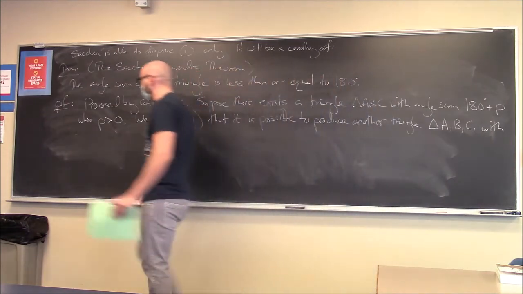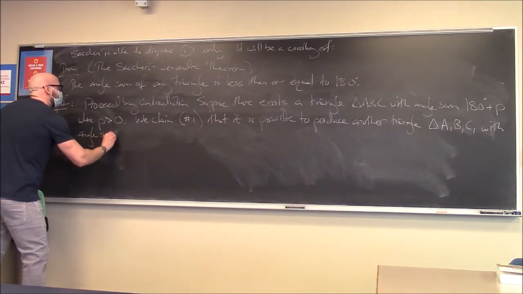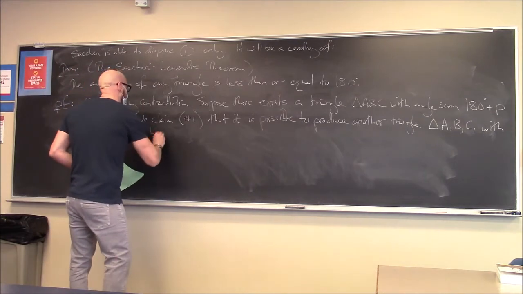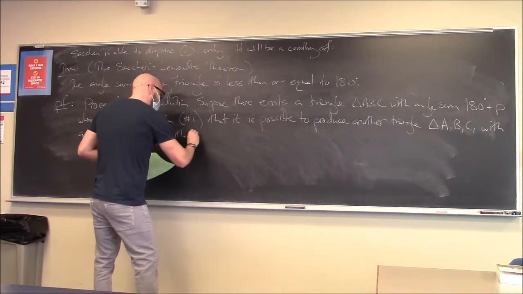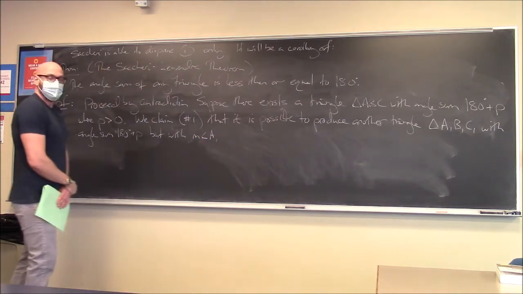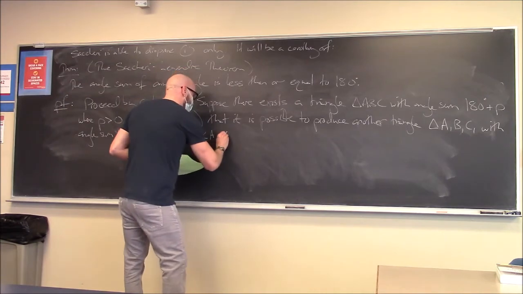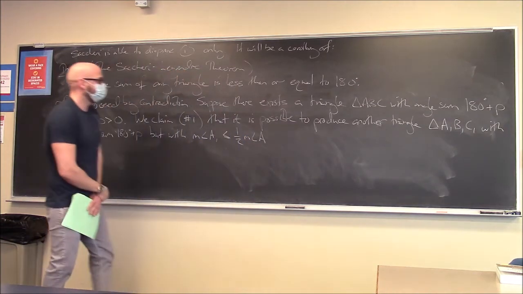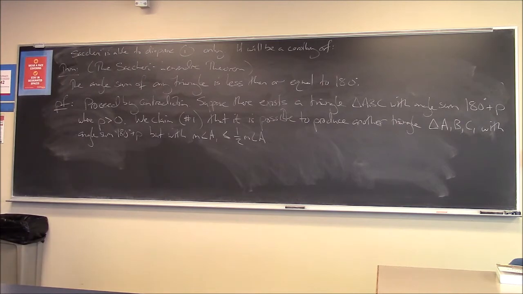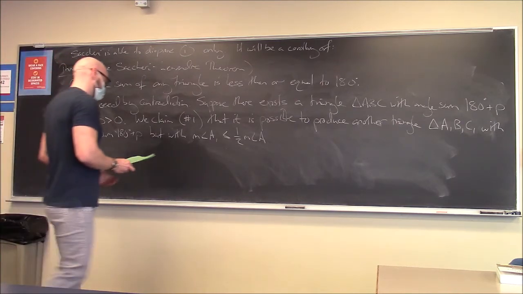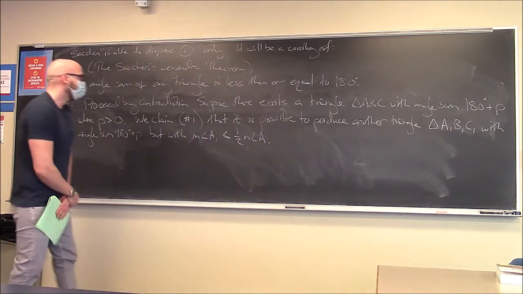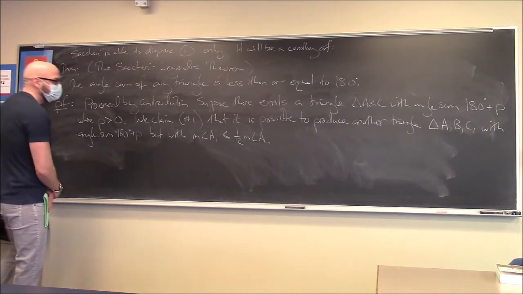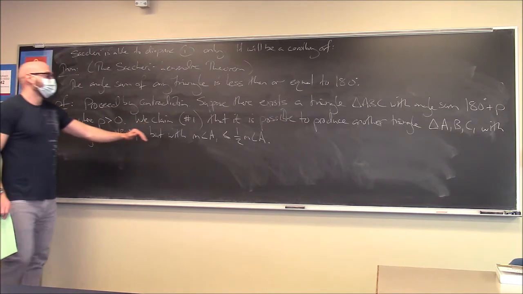With the same angle sum. So with angle sum 180 degrees plus p, but with the measure of angle A1 less than or equal to 1/2 of the measure of angle A. Okay, so here's my first claim, is that I can produce another triangle with the same angle sum as the original, but where I'm shrinking the angle at one side.